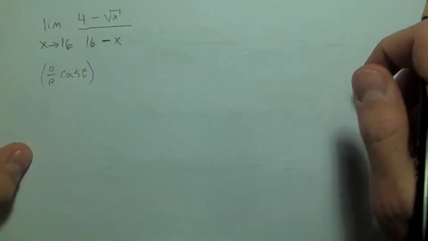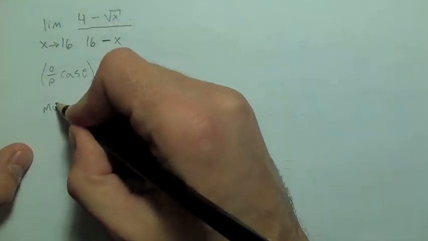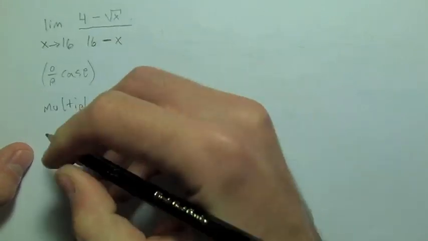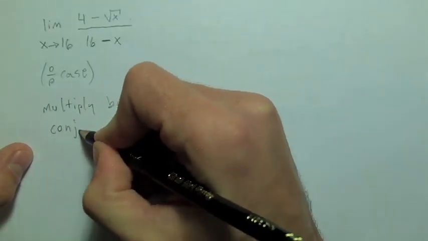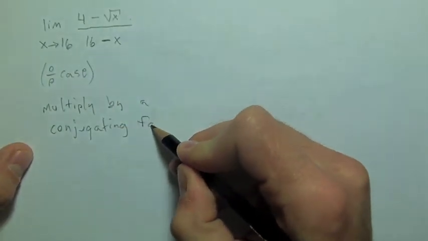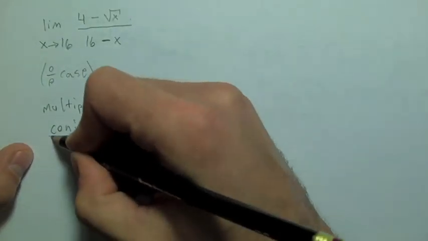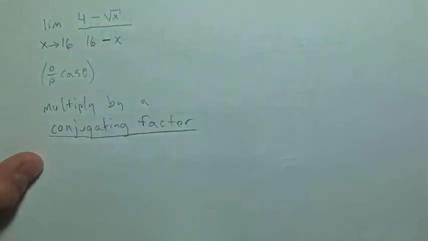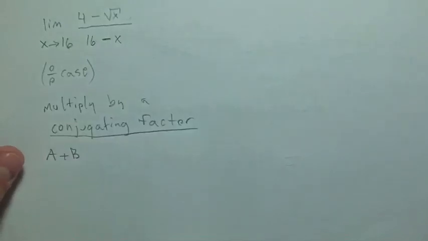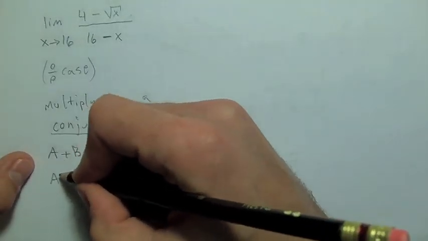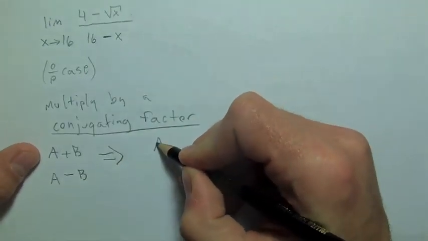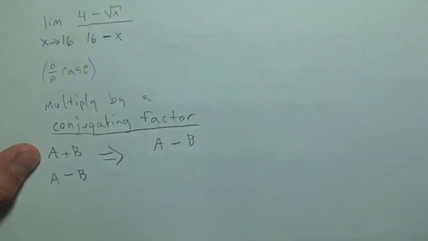Well, the conjugating factor, it may not be the proper term, it's what I like to call it, but basically, if I have a plus b or an a minus b, either way, its conjugating factor will be the same thing, we just change the sign.